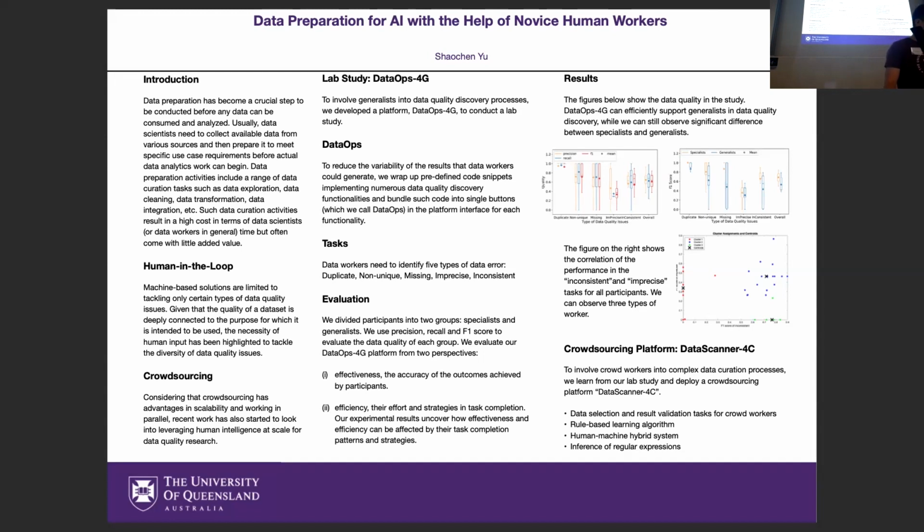And beyond this work, I actually want to put it even further. We are talking about novice human workers here. Do you know there is a state-of-the-art method called crowdsourcing? This is an advanced technique where you can use crowdsourcing platforms like Amazon Mechanical Turk.